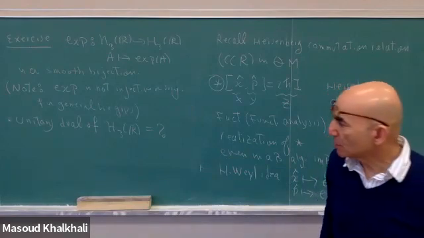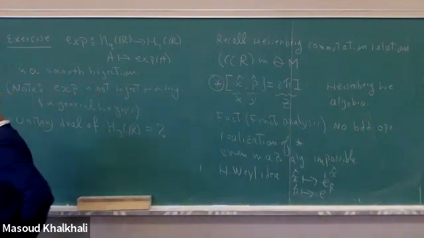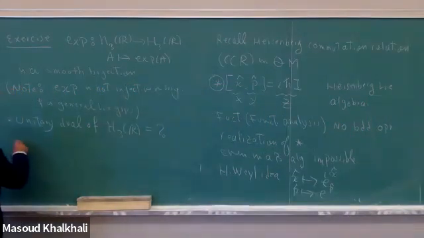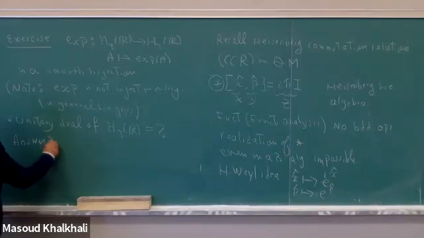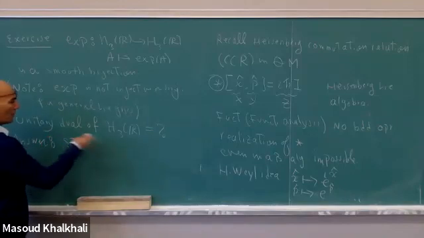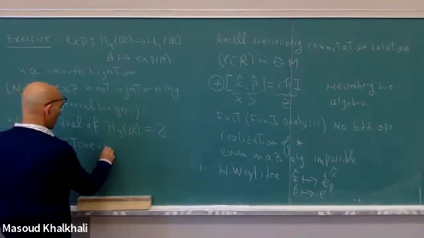The answer is yes, and the answer is provided by a famous theorem called the Stone-von Neumann theorem. This is an important theorem, both for quantum mechanics and mathematics in general.